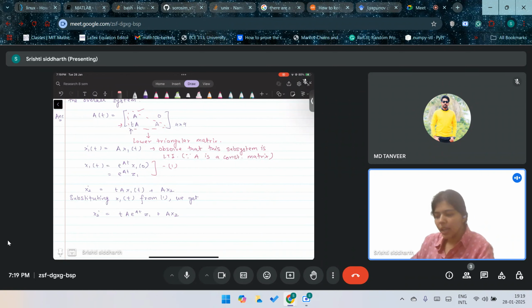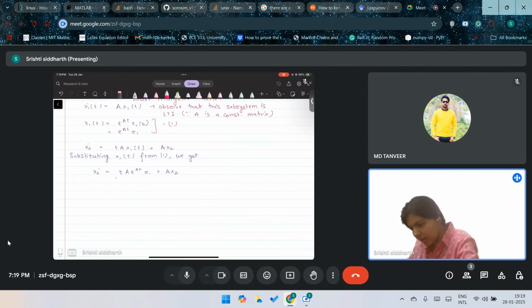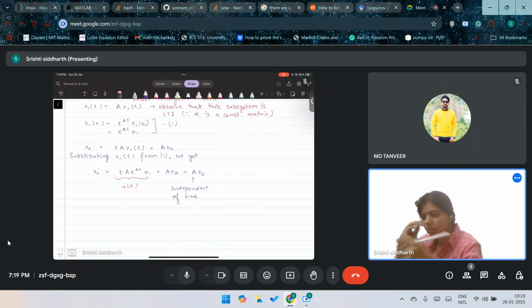This looks like an LTI system with an input u(t). So we can write this as A times x2, which is independent of time, plus u(t).